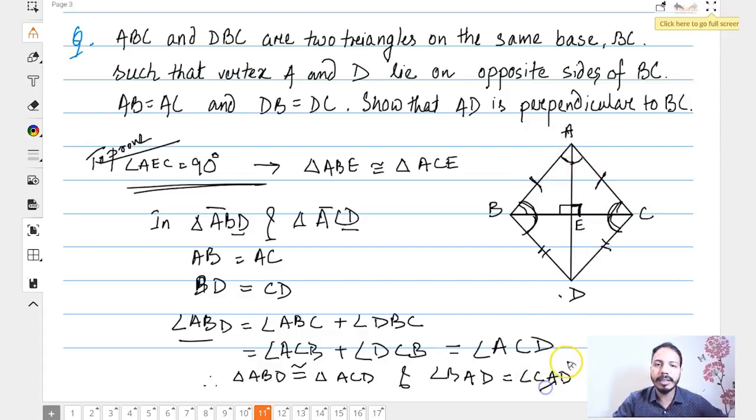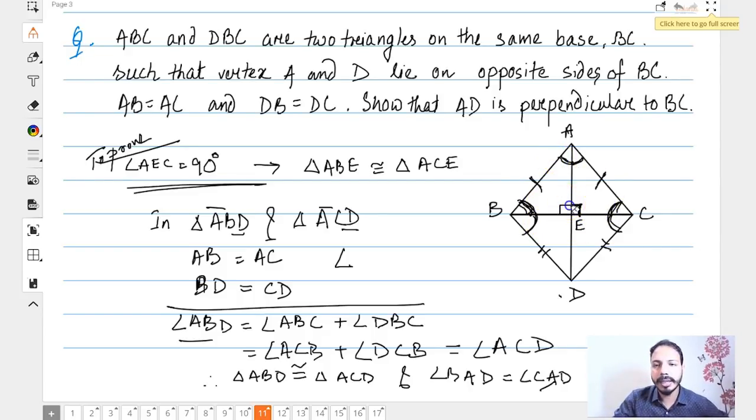Now once I get this, I can put it here that angle BAD, that means this small triangle ABE, and this small triangle ACE can be proved easily to be congruent, because this side is common and equal, and this angle is equal to this angle.